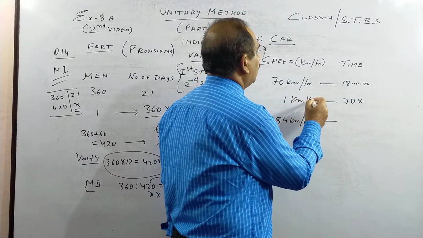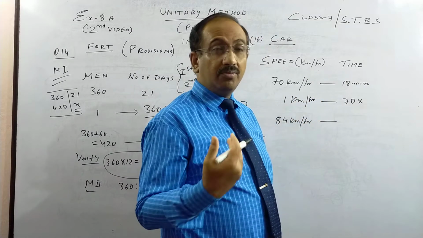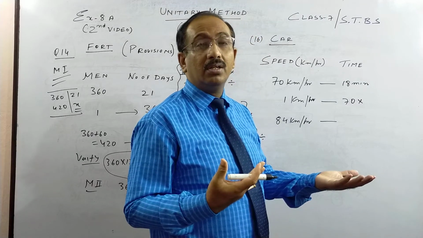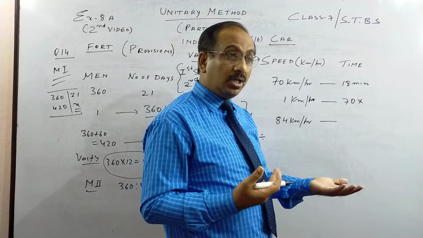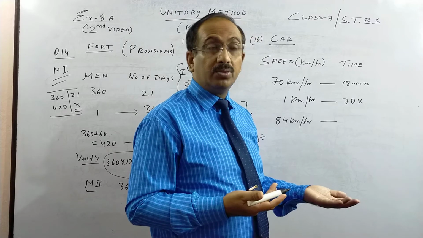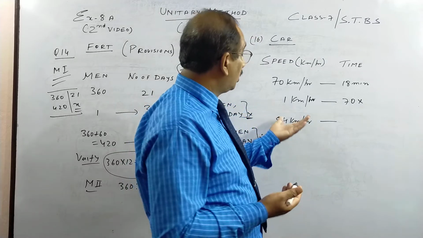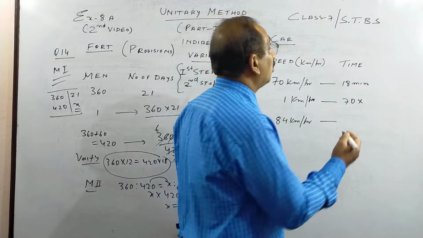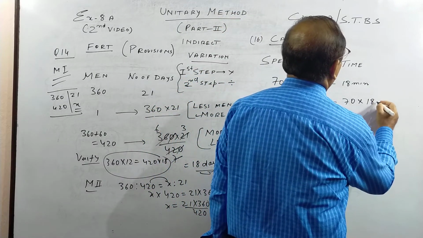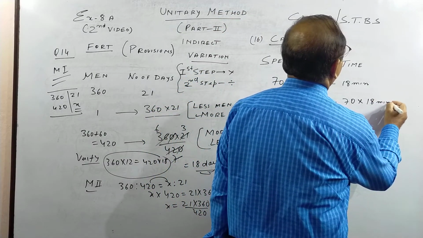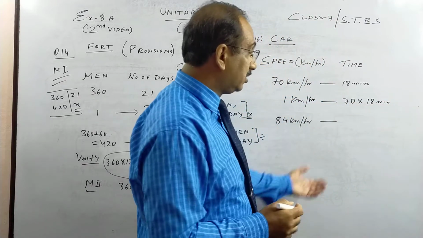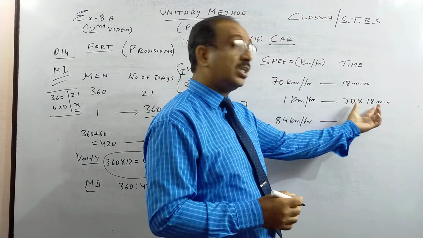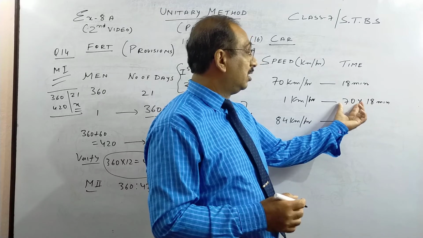Very less speed, like a bullock cart. Even we walk 4 kilometer per hour. If we cycle, it's around 15 to 20 kilometer per hour. So suppose we are using a bullock cart, 1 kilometer per hour, it will take a lot of time, and you can change it into hours and see how many hours we need. Almost a day it will take, 60 minutes is 1 hour.